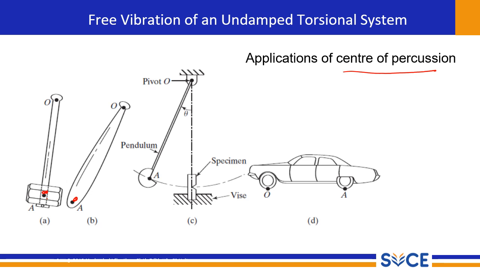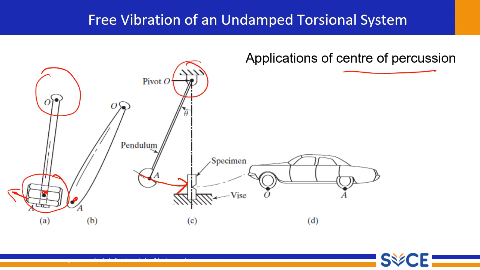We are holding here, is it not? So we have to put the hammer head here only, at the center of percussion. If the hammer is hitting the nail, then whatever reaction we get in our hand is very, very less. That is the meaning. Similarly, while using this bat, or for an impact test, if the ball strikes the specimen, the reaction at this point will be very, very less.